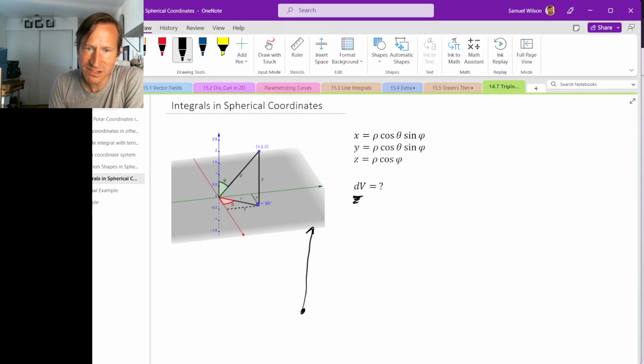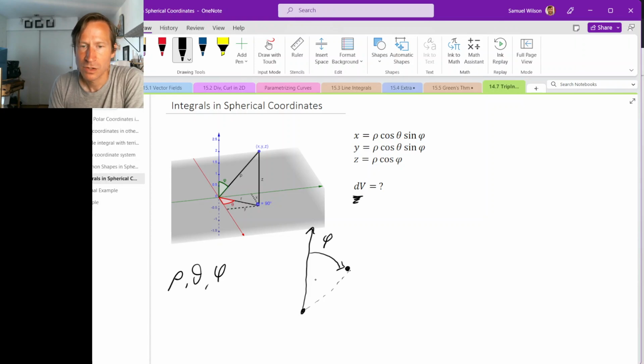So here's the positive z-axis, and we're going to start at a point whose coordinates are rho, theta, and phi. I won't list these coordinates next to the point on the diagram because otherwise it'll get too messy. So remember, this angle down from the positive z-axis is phi.